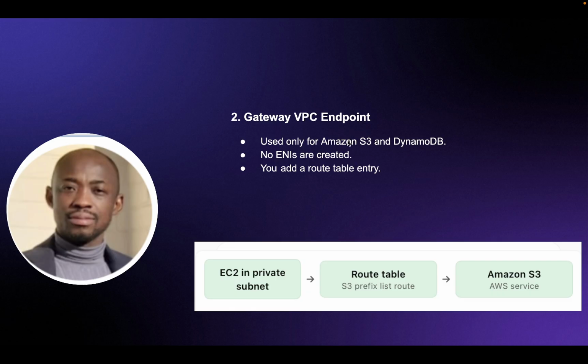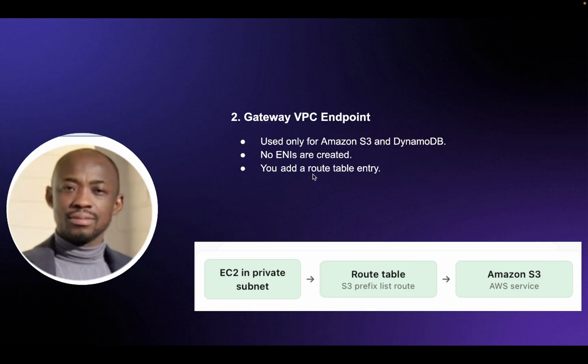For S3, again, you can use an interface endpoint, but mostly the gateway endpoint is used for S3 and DynamoDB purely. Again, remember, the gateway VPC endpoint is going to create a route in your route table.